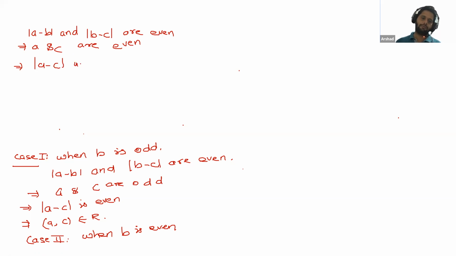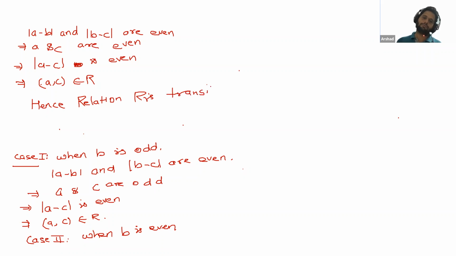A minus C is even. This implies A comma C belongs to the relation R. Hence, relation R is transitive. Okay.